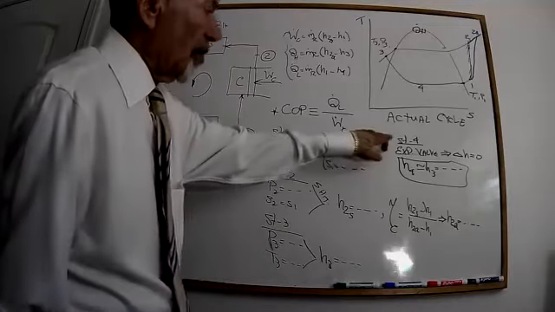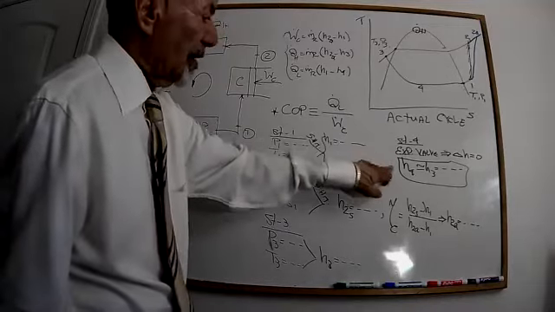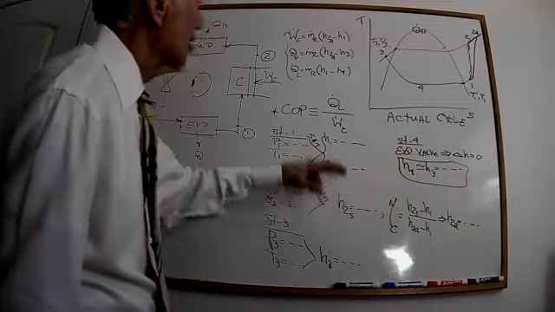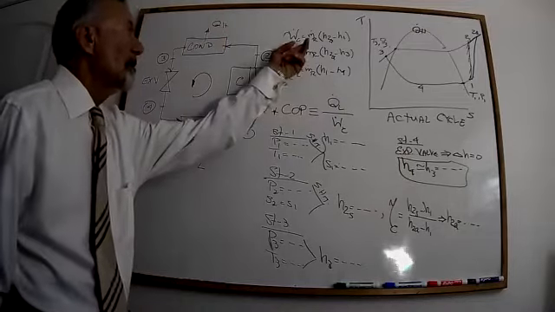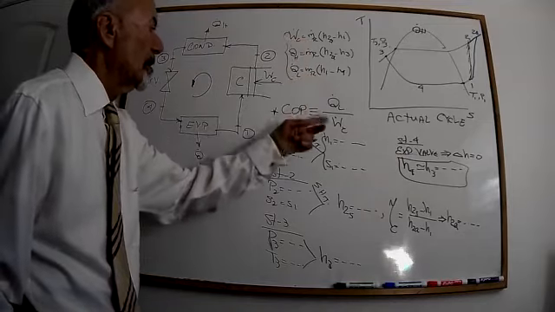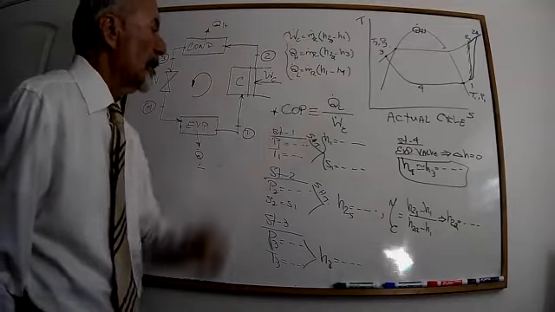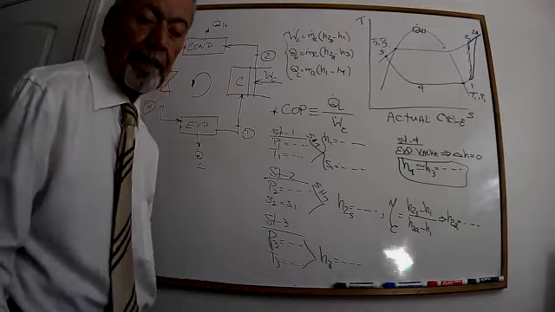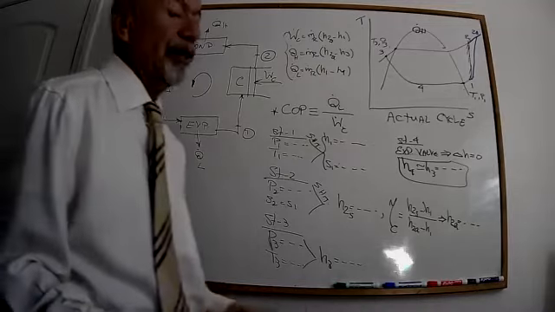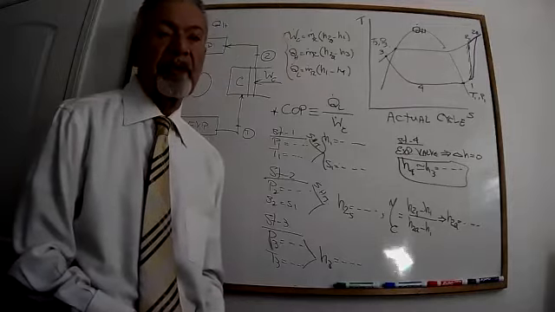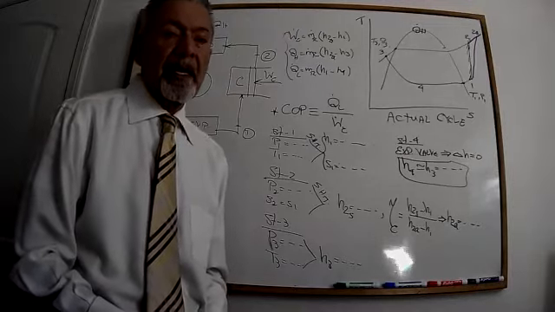When you get to state 4, again, you write that statement, you find the H4 value, you're all set, and then you go back here, find the work of a compressor, QL, plug it in here, and you find the coefficient of performance.